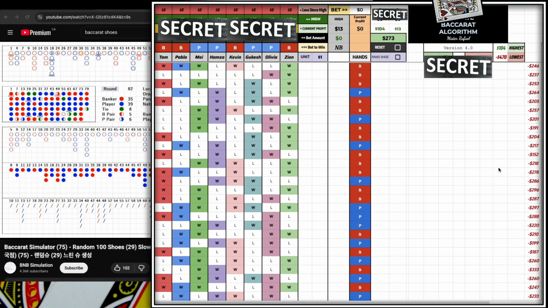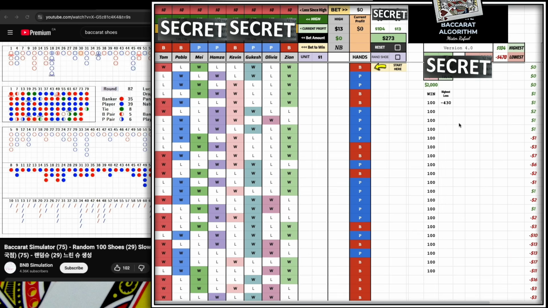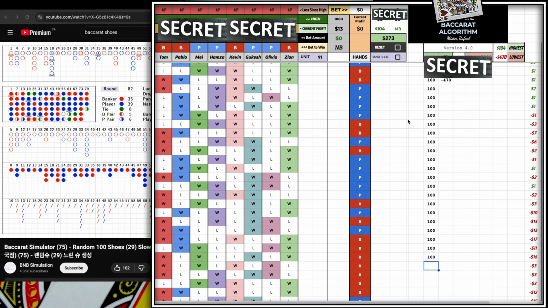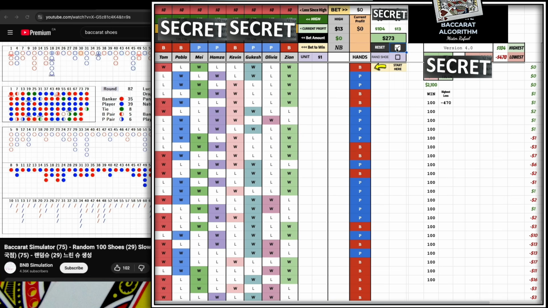Wow, amazing. All right, so we're going to have to update some numbers here. So new biggest drawdown, minus 470. I didn't think we would get an update on this one. Okay. All right, at least we recovered. Let's add in another $100. Wow. All right, let's reset.